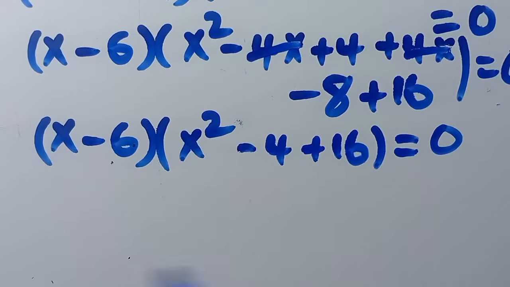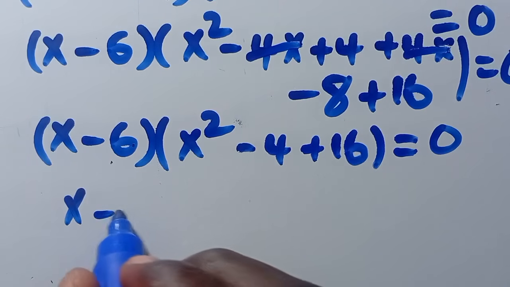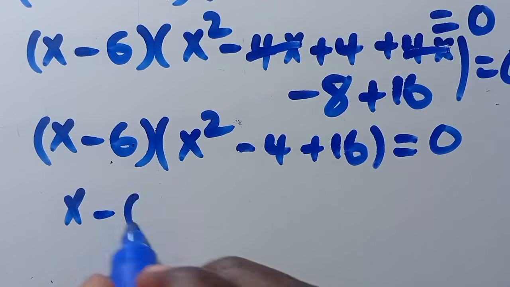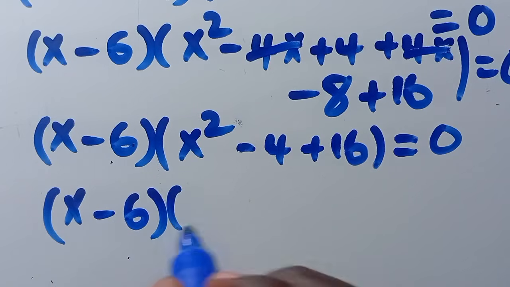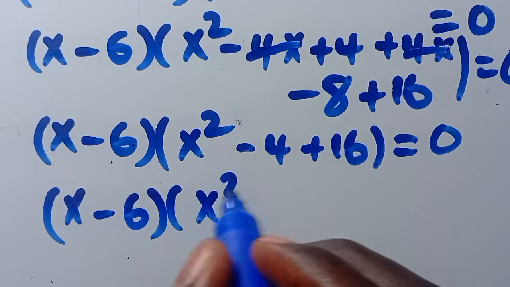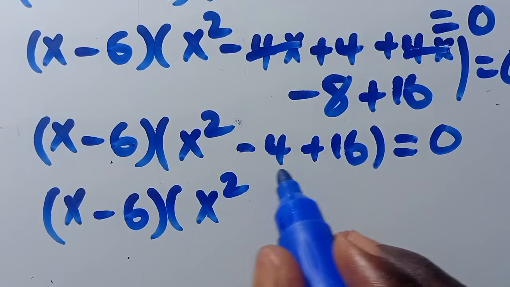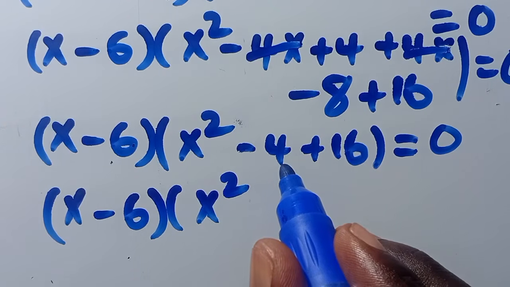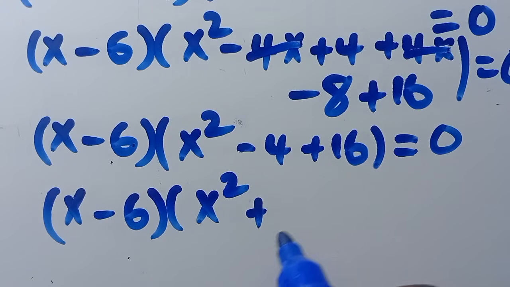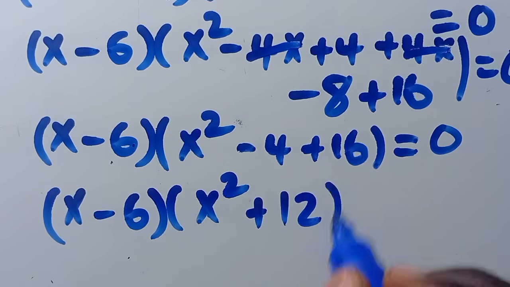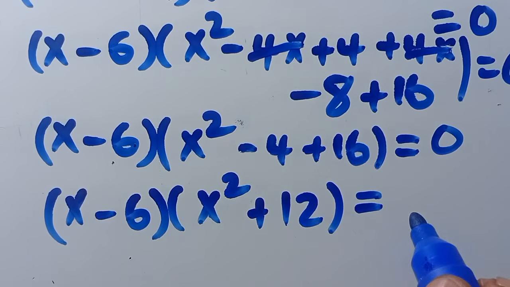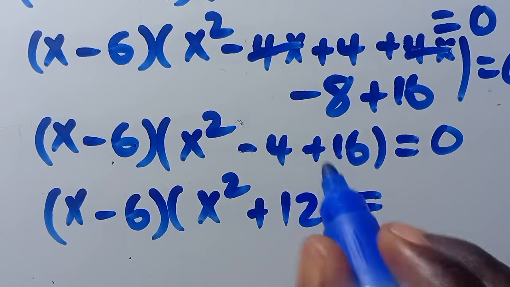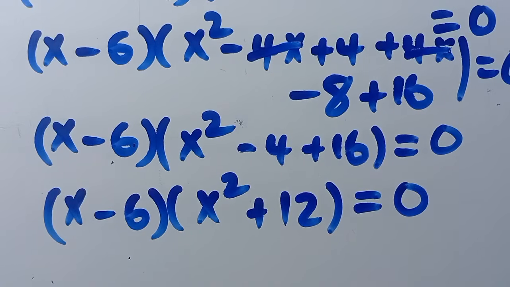So from here we have (x - 6) times (x^2 + 12) equals 0.